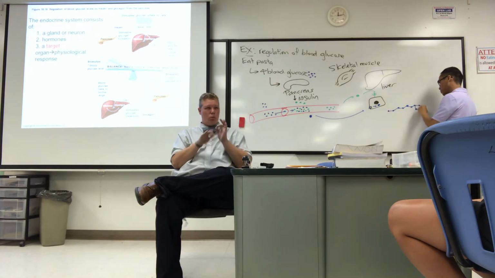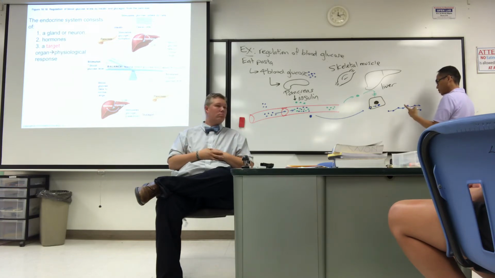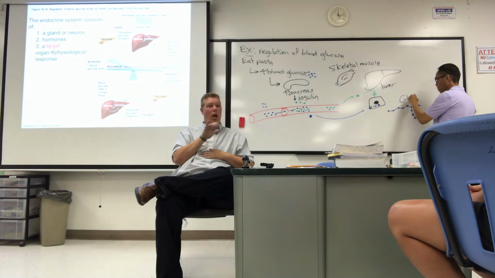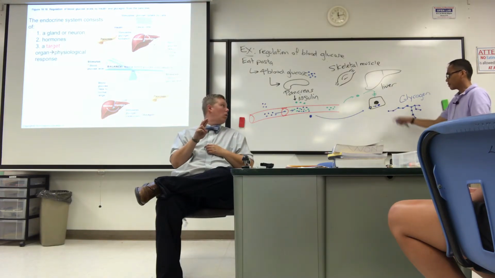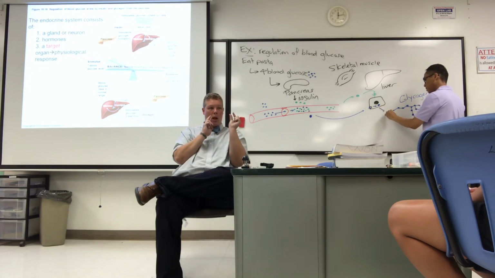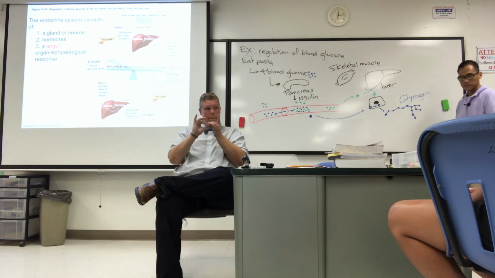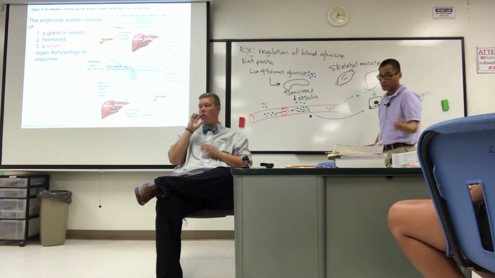So if you want to store the sugar you eat, glycogen is a polymer. It'll take the monomer and add it to the chain to increase your glycogen stores. Okay, that's why on the figure it says that.